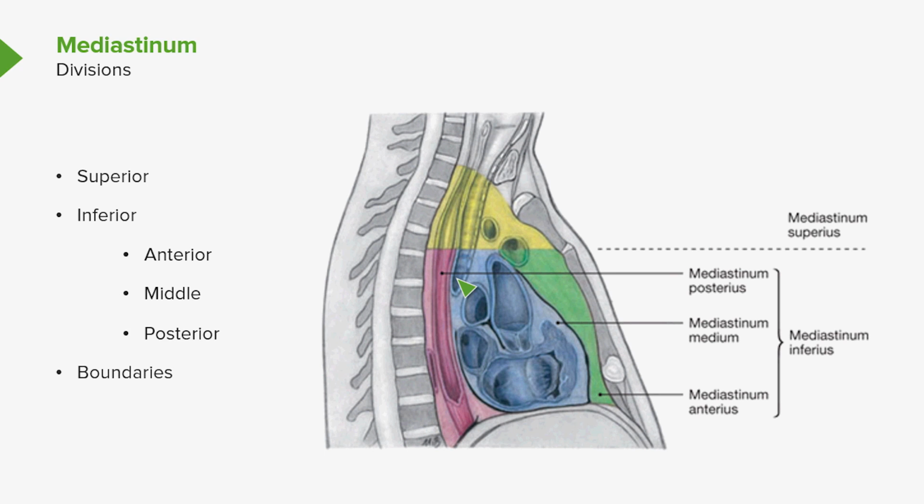This is the posterior mediastinum, and it's located between the more inferior thoracic vertebrae and the pericardium here posteriorly. Everything else then is going to be in the middle mediastinum, and your major occupant will be the pericardium and its attendant heart and great vessels.